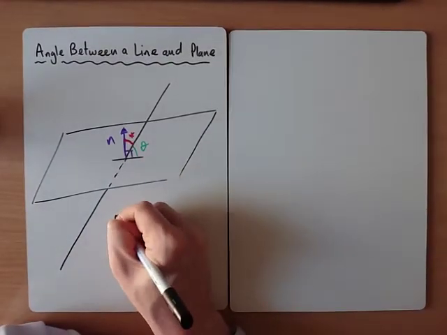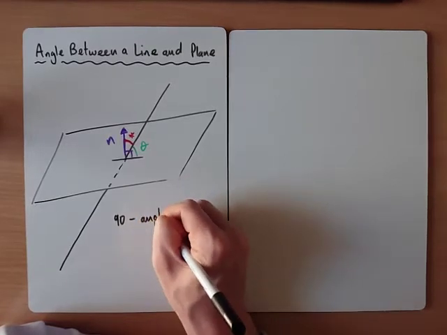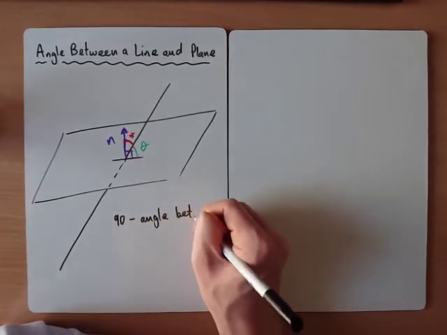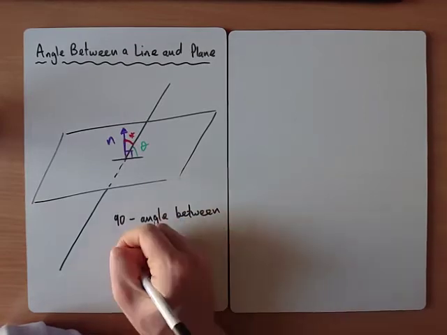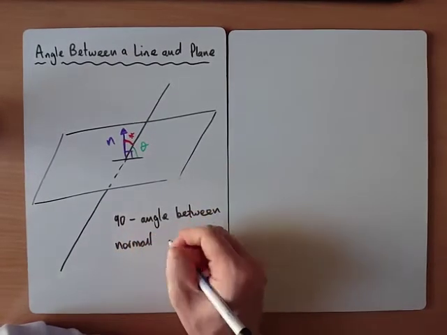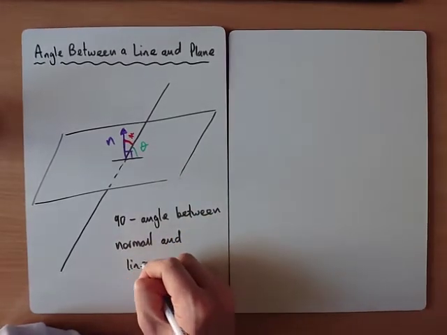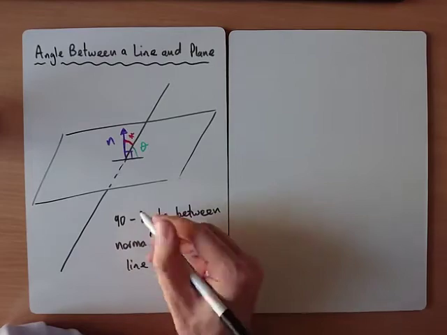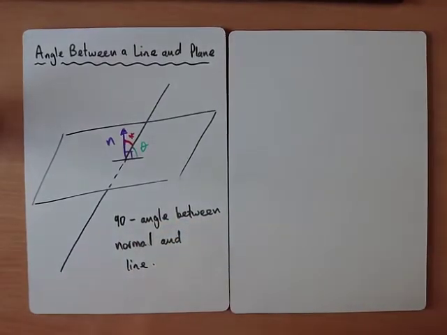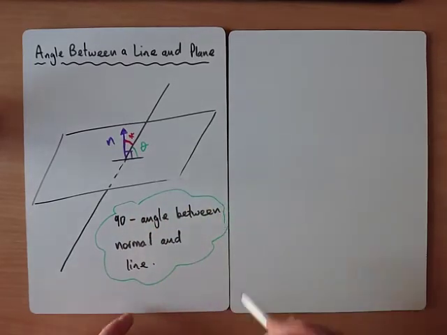So it's going to be 90 minus the angle between the normal and the line. Okay. So let's try an example and we can see what happens.